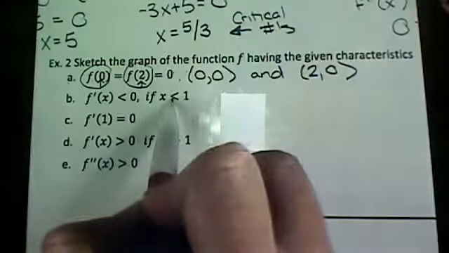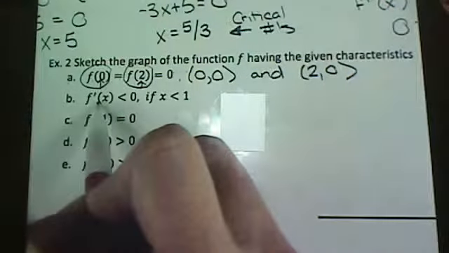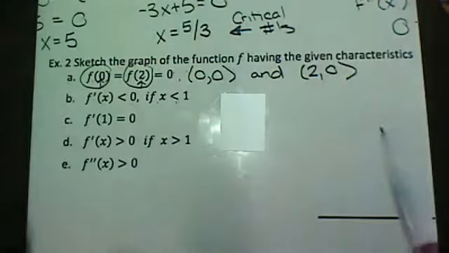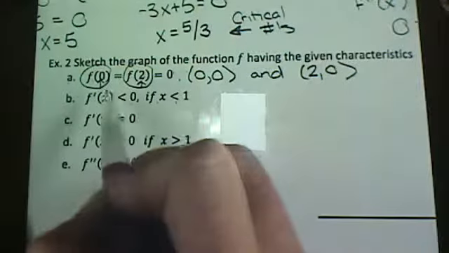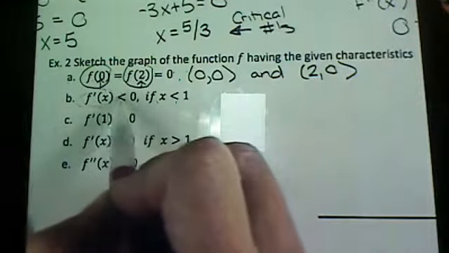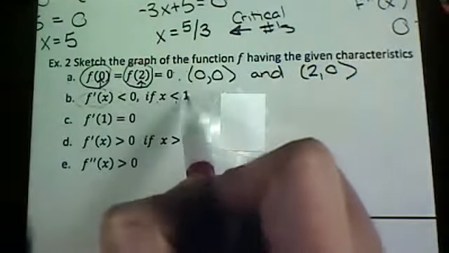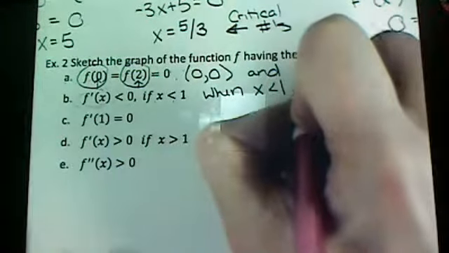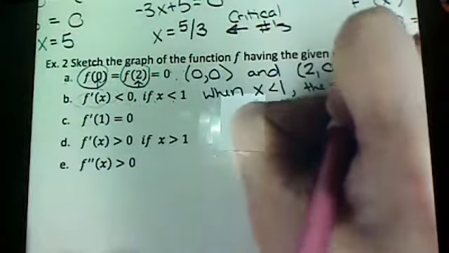Let's look at this right here. It says the first derivative is less than 0 when x is less than 1. Well, remember, the first derivative tells us slope. So this is saying that before we get to x equals 1, so when x is less than 1, the slope is negative.